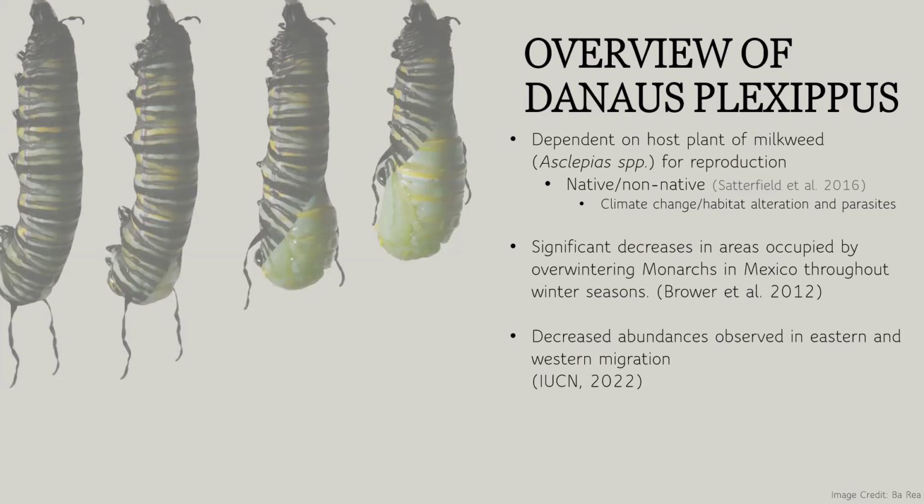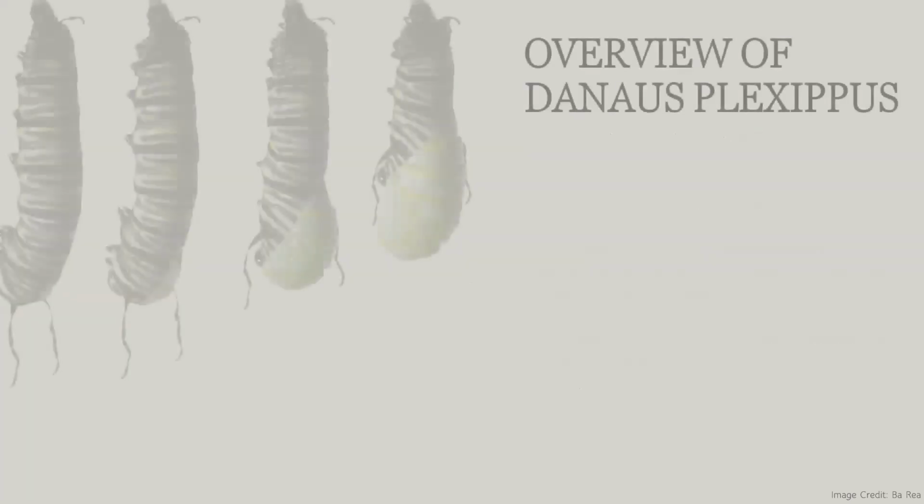It's reported that there were about 10 million estimated in the 1980s, and the Western population decreased below 2,000 in 2021, although we did see a positive uptick this last year. And the Eastern migratory population also has declined by 86% between 1996 and 2014. So there's been a lot of talk about the species, but not necessarily at the migration level, just at the abundance level is what I was finding.